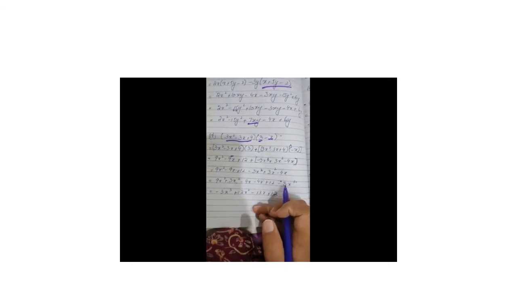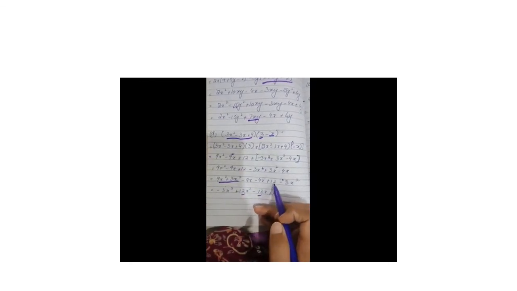By putting the minus 3x cube in front, plus 9x square plus 3x square will become 12x square, minus 9x minus 4x will become minus 13x, and plus 12 will remain the same.